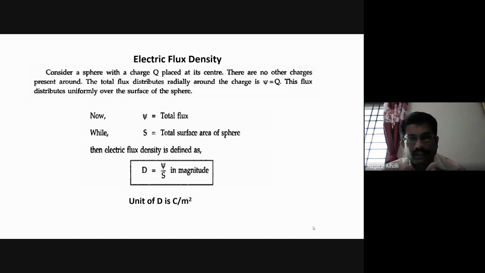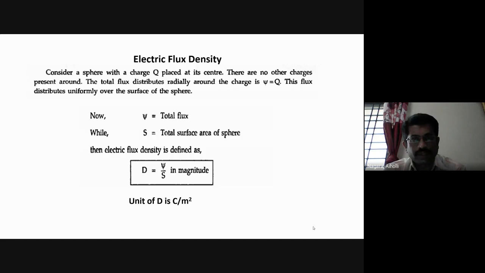The flux due to this charge is distributed radially outward towards the surface of the sphere. The charge which is present at the center, from there the flux is distributed radially outwards, which means towards the surface of the sphere, and also around the surface of the sphere.